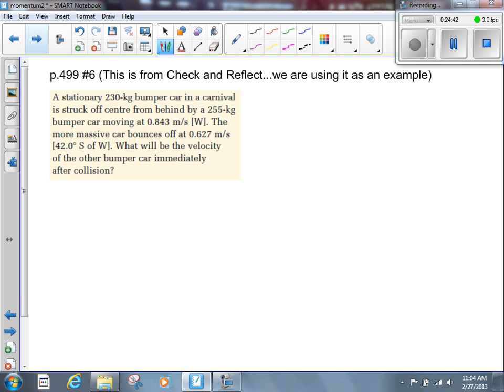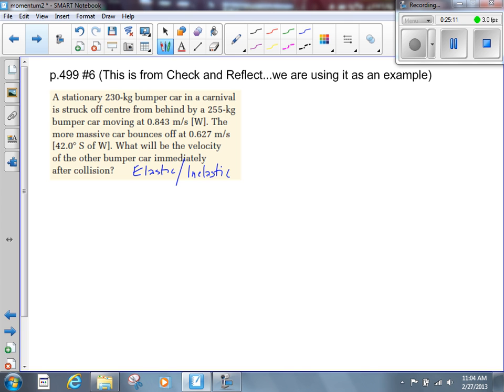It's not an example in your textbook, but we're going to do it as an example because I thought it was a good one to do. It asks us for the velocity of the other bumper car immediately after the collision. I want you to tell me whether it's elastic or inelastic. Quick review on that. Who can tell me what the difference is between an elastic collision and an inelastic collision?